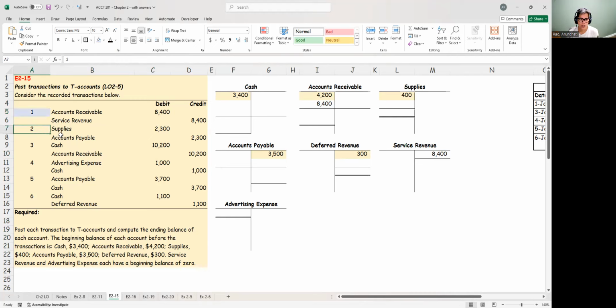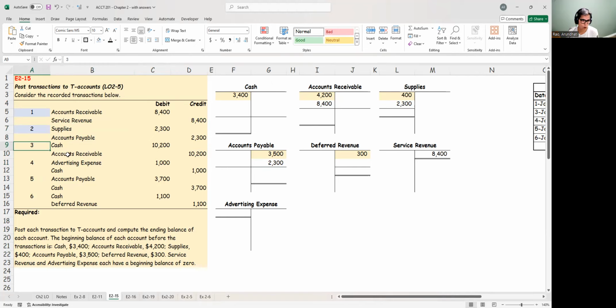The next transaction was supplies debit, accounts payable credit. So for supplies, I'll post the 2,300, which means I purchased supplies on account. Accounts payable credit: on the credit side, I'll put that 2,300, and I will mark this transaction as posted. The third transaction, cash debit, accounts receivable credit.